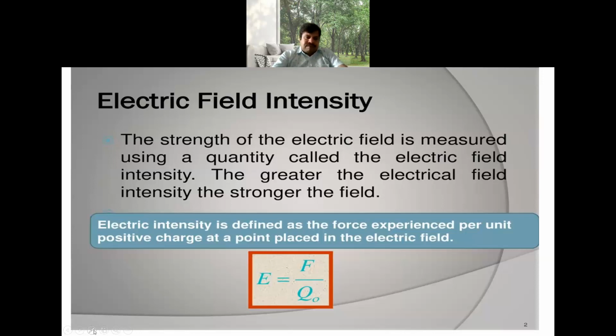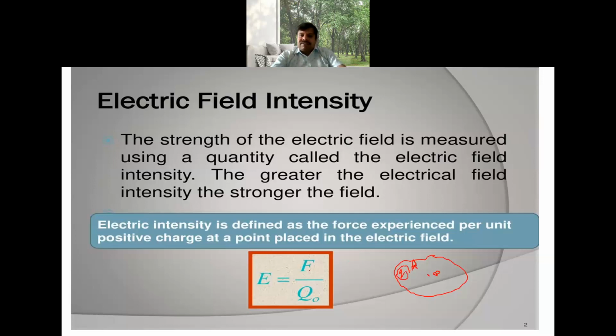For example, if we are taking one electric field in this manner, that is due to the charge capital Q. At a particular point A, if you place another charge, small q, then how much force is acting on this particular charge at this point?